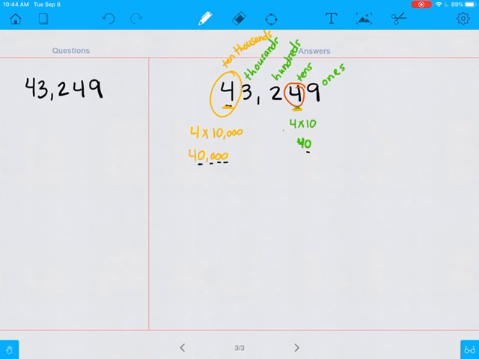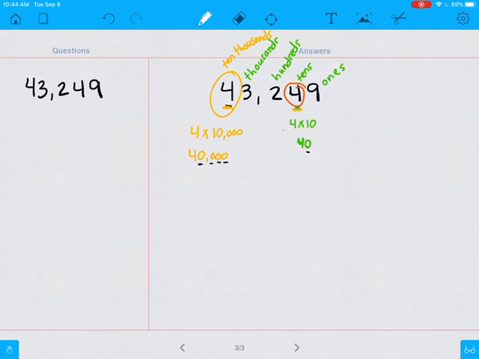Because remember, if you want to take a number and add the zeros to make this number, all you got to do is multiply by how many zeros you need. So if I took 40 times 1, it won't write right there. Sorry, guys. It's like there's a glitch on my iPad and it will not write right there. Let me erase this. All right.